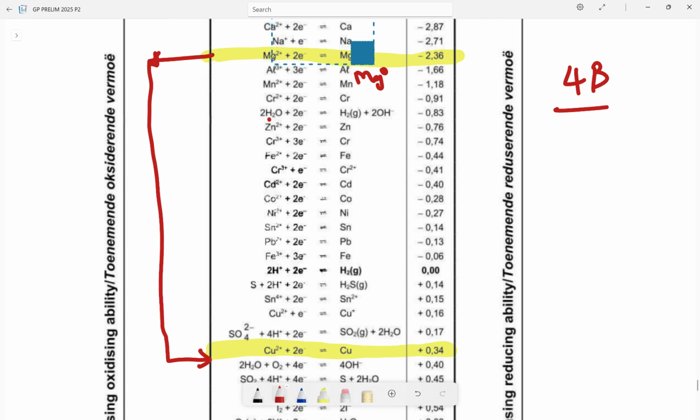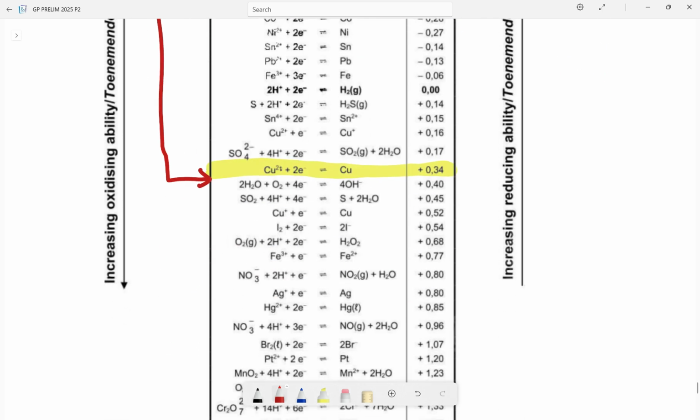So if it is Mg2 plus on this side, can you see that oxidation occurs? Remember, oxidation is an increase in oxidation number. The oxidation number increased from 0 to 2, so this one is oxidation. And then this one here is reduction. Why? Because Cu2 plus to Cu there was a reduction in oxidation number.